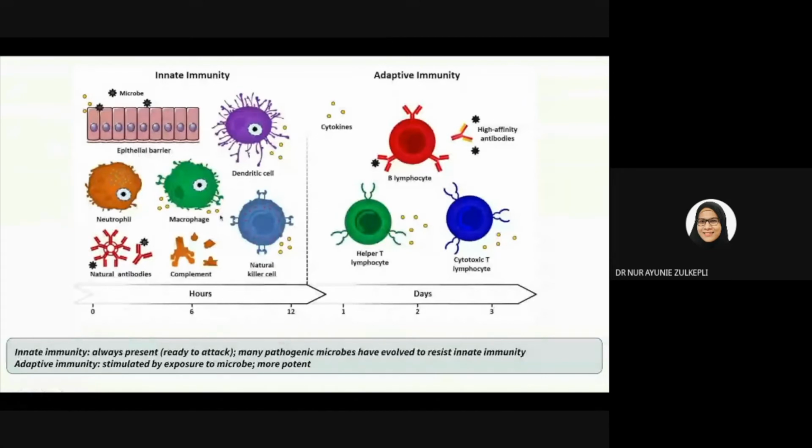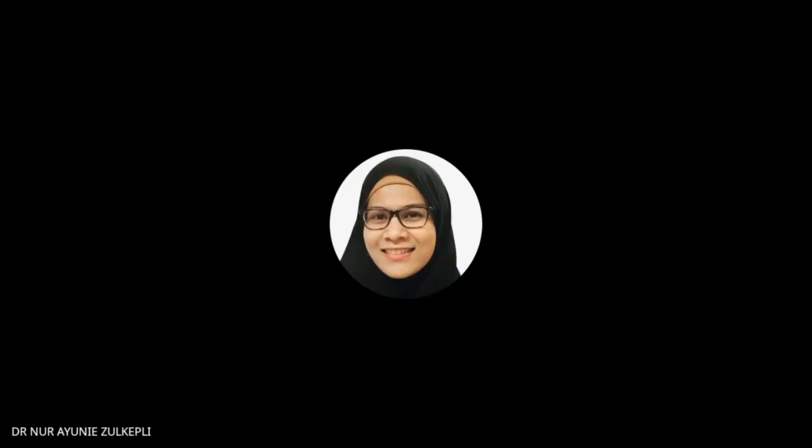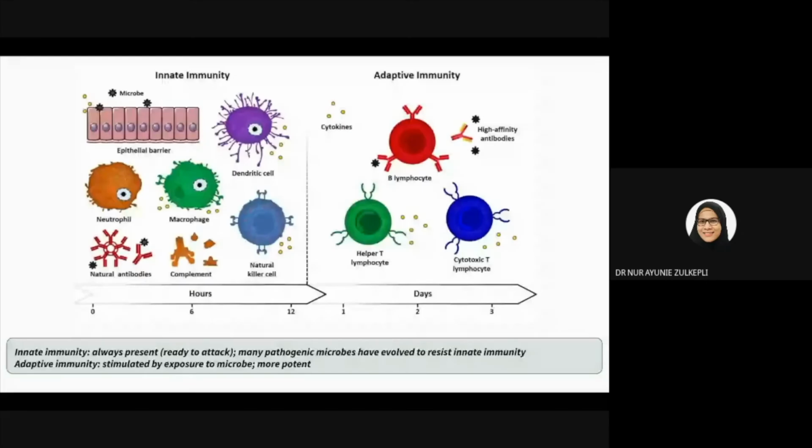It is ready to attack, and many pathogenic microbes have evolved to resist the innate immunity. Some physical barriers, like if you cut your nose hair too much, cannot protect your nostril area anymore from airborne pathogens, for example. So they will enter directly into your breathing system, your pulmonary system.